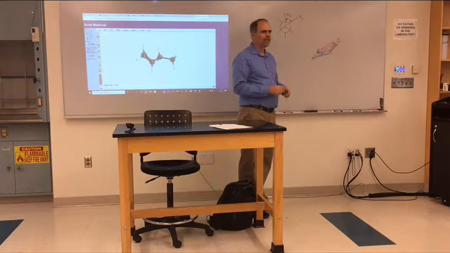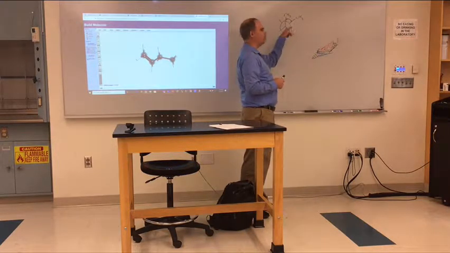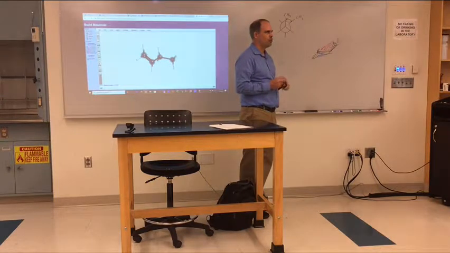You might be familiar with anti and gauche and eclipsed type arrangements. That's essentially what we're looking at, the angle doing one of these Newman projections. Or Fischer. I think it's Newman.